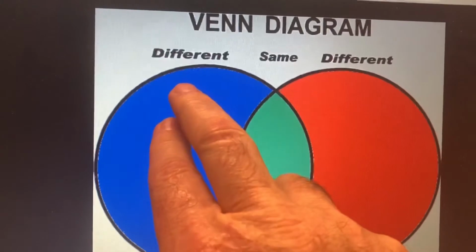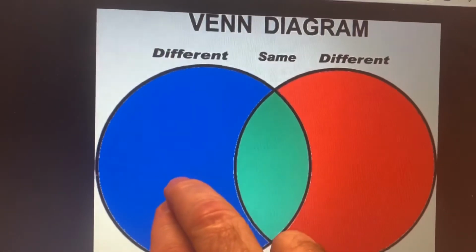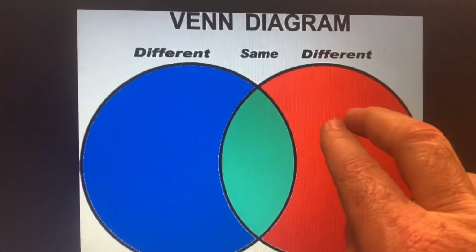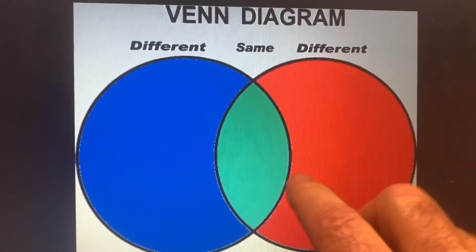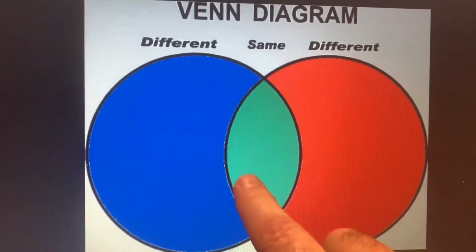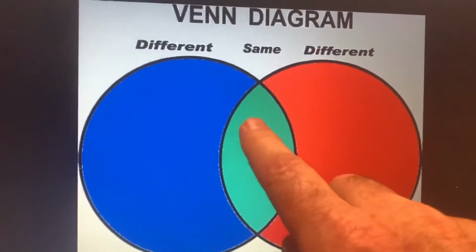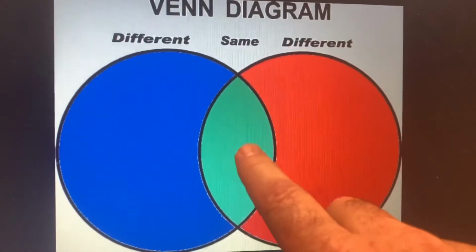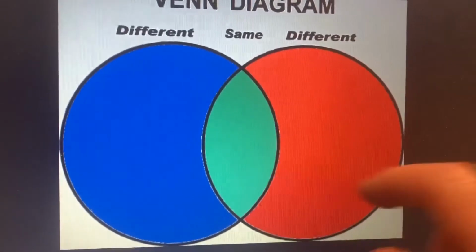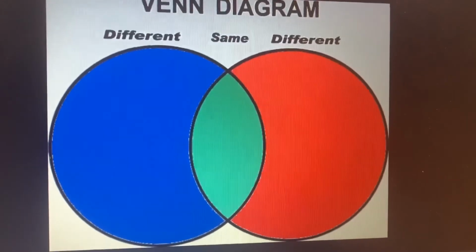So some things that are unique about the crust, some things that are unique about the mantle, and some things that are the same, or maybe one thing, if you cannot find more, about the crust and the mantle.